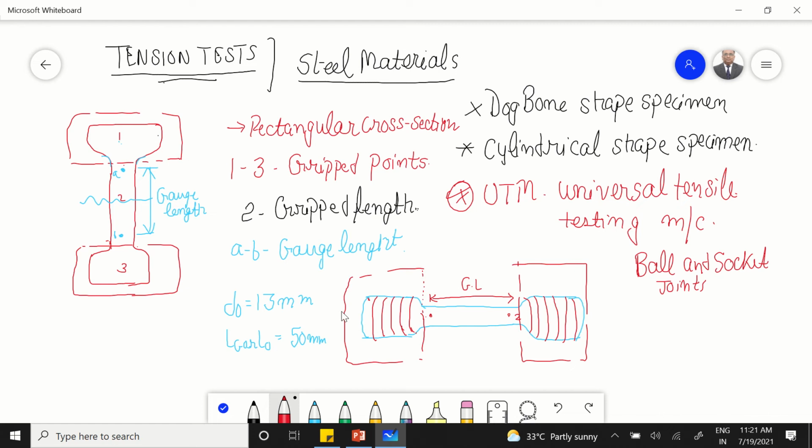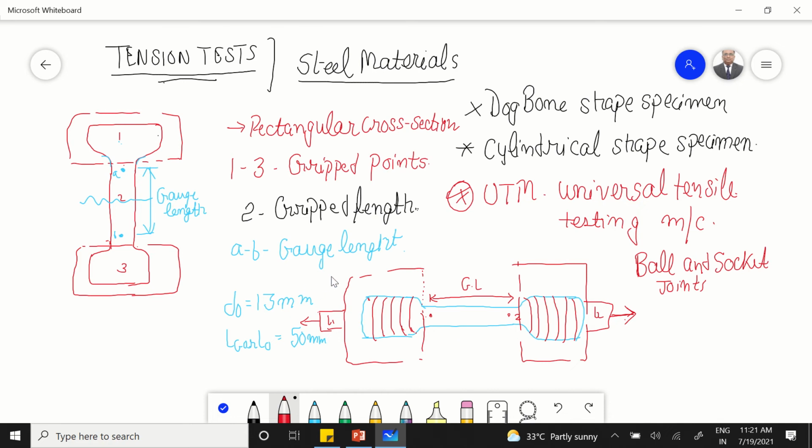Now in the UTM, along with the grippers, there are load cells attached like this. Either one or two load cells, let us say load cell number 1, load cell number 2, which are normally used to record the loads while the machine is stretching the specimen.